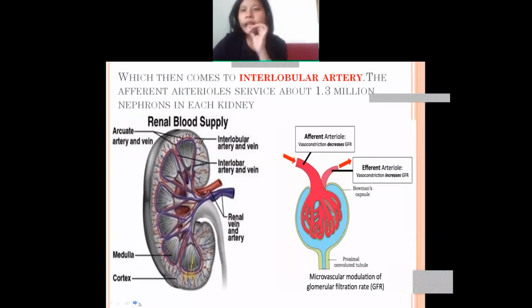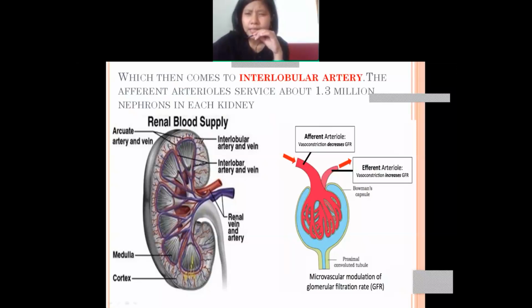Understand? And after the arcuate arteries, it will come to the interlobular artery. So all these are like branches. They will go and flow towards the interlobular arteries.